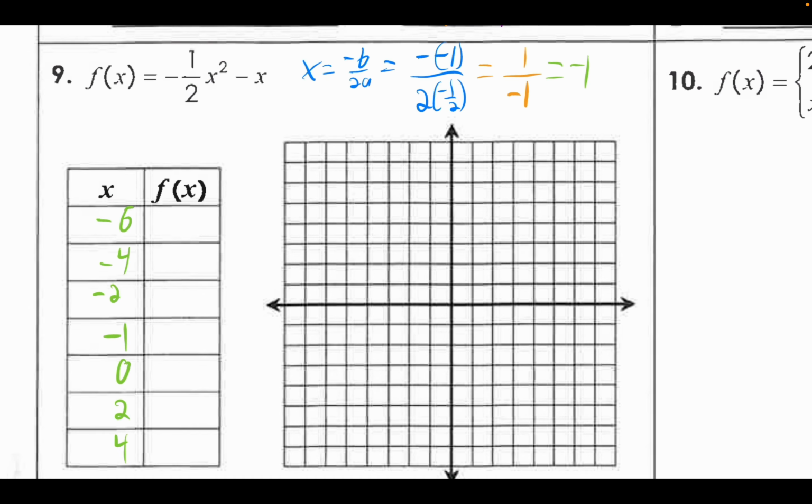So here, as I plug these in, I'll just start with -1, getting me 0.5 or 1/2, which I like to make a decimal when I graph. 0 is going to give me 0, and so does -2. And then 2 gives me -4, and so does -4. And then let me do some quick math here, because I actually did the next integer rather than going by 2's on my own notes.